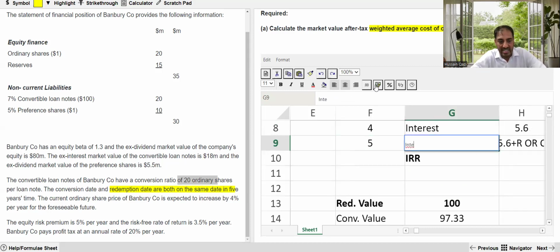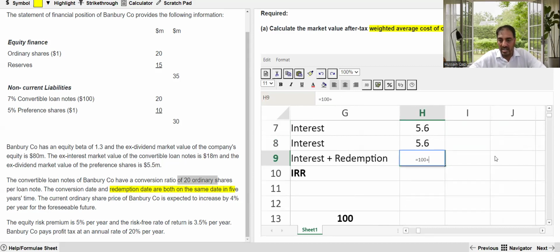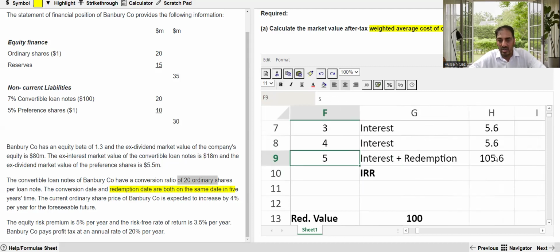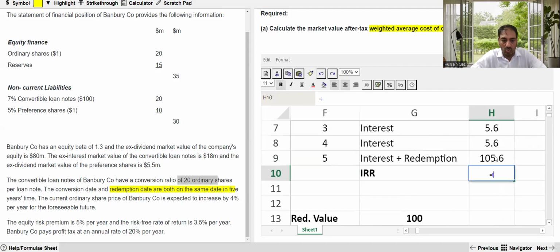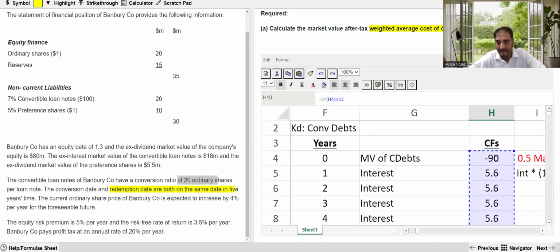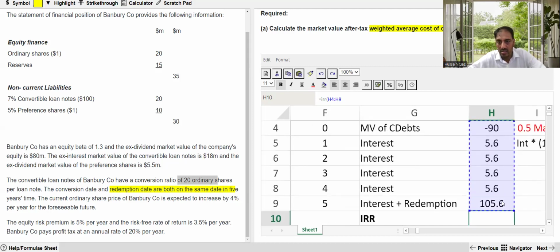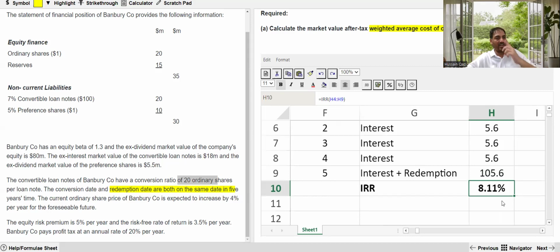That's very clear. Interest plus redemption is equal to 100 plus 5.6. Now calculate using the shortcut formula, you must use the shortcut formula. That gives 8.11%.